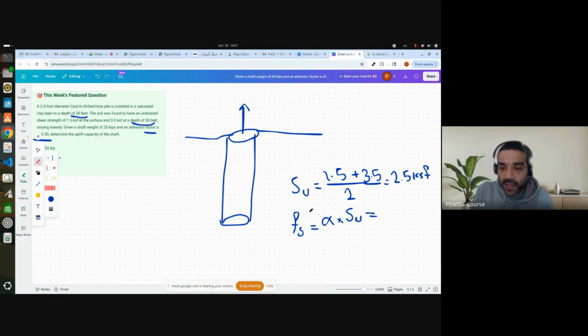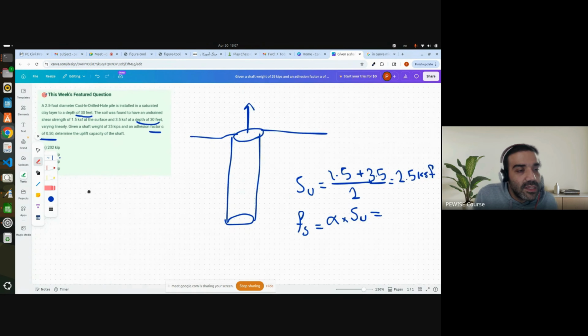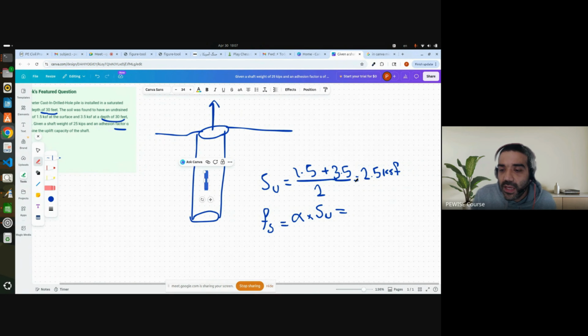You can do this multiplication. I think you can do it in your head. What's the alpha? Alpha is 0.5. It's easy. 0.5 times 2.5, you have 1.25 ksf for the skin friction.